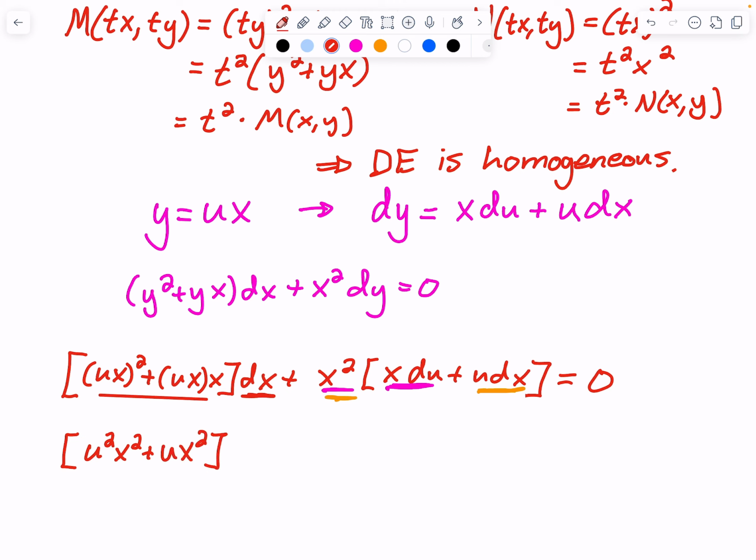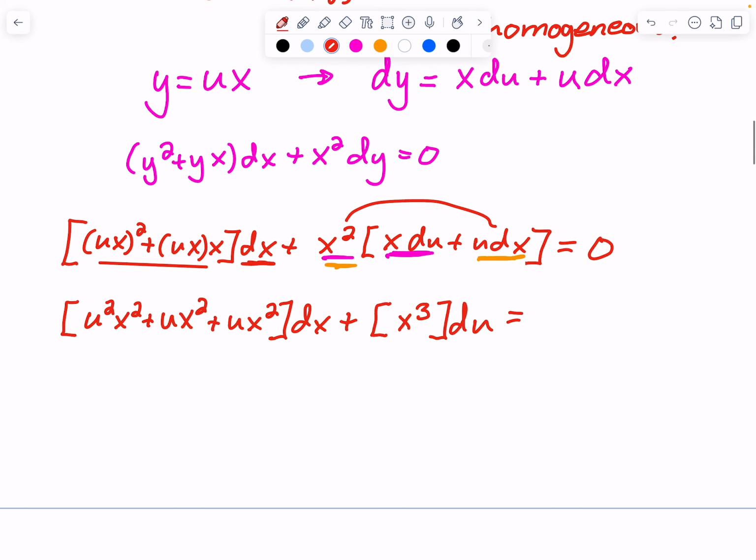And then let's add the other dx, which is going to be u x squared. That's from over here, dx. Plus, and now just the stuff with du is going to be x cubed du, equals 0 still. Don't forget that.